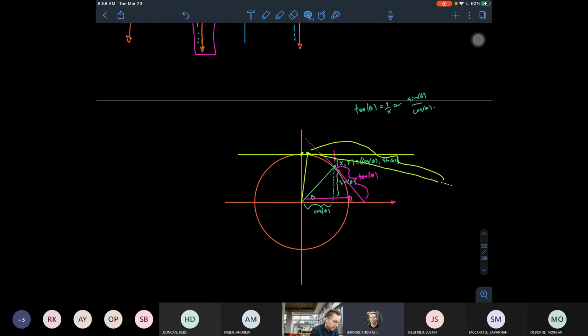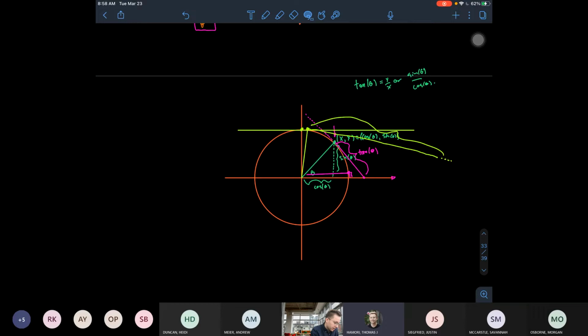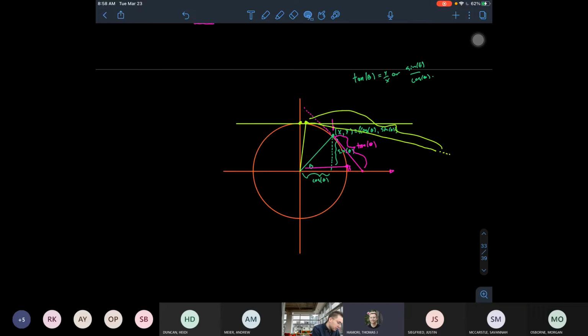But this is another nice way to think about it: you can think of this tangent line as coming in and just barely touching our circle at some point, and then you can imagine, what is this distance which goes between that point on our unit circle and the x-axis? That's the other way to think about it.